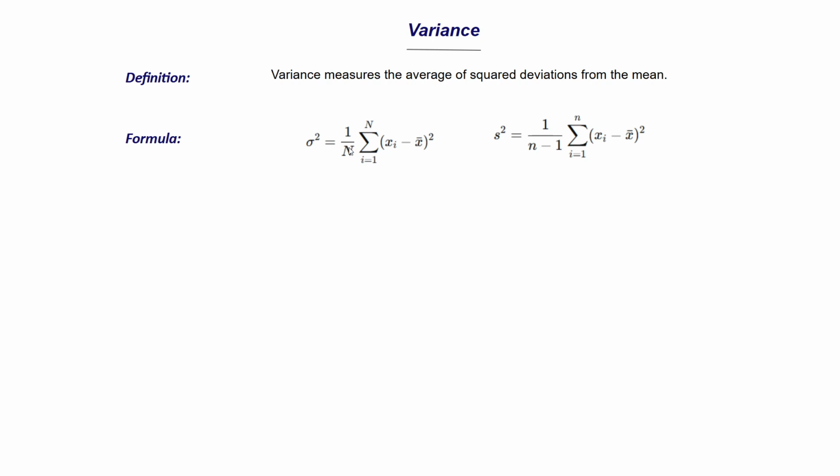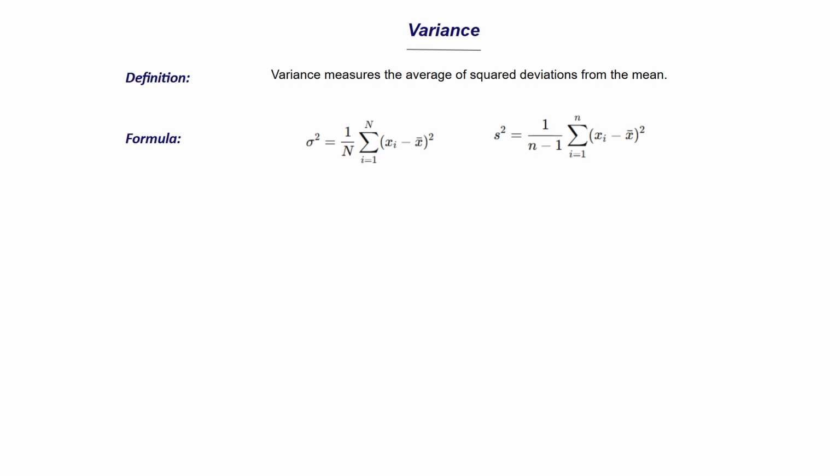And the formula is 1 divided by n, which is similar in both the cases. N is nothing but the total number of data points in a population. But when you're working with the sample, you divide by n minus 1, right? So that's the difference. When I say population data and sample data, let's say that there are 1,000 people in a data set.